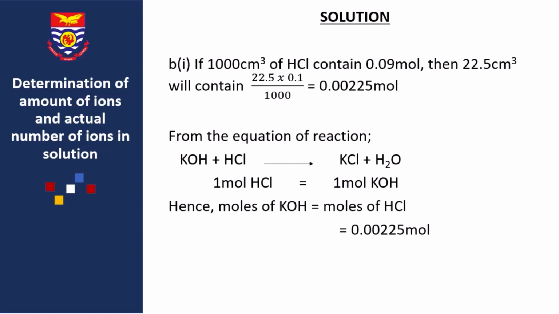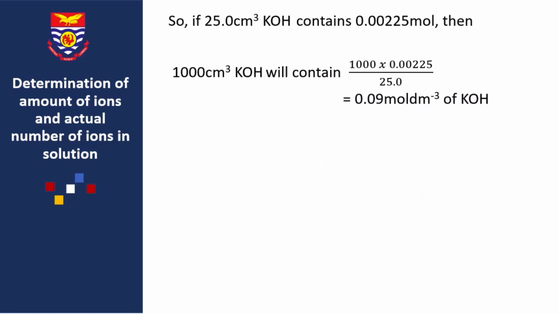So in this case, the 0.00225 moles of potassium hydroxide is the moles in the 25 cubic centimeters. But remember, in amount concentration, we are looking at 1000 centimeters cubed or 1 decimeters cubed. So if 25 contains 0.00225 moles, then 1000 will contain how many moles?